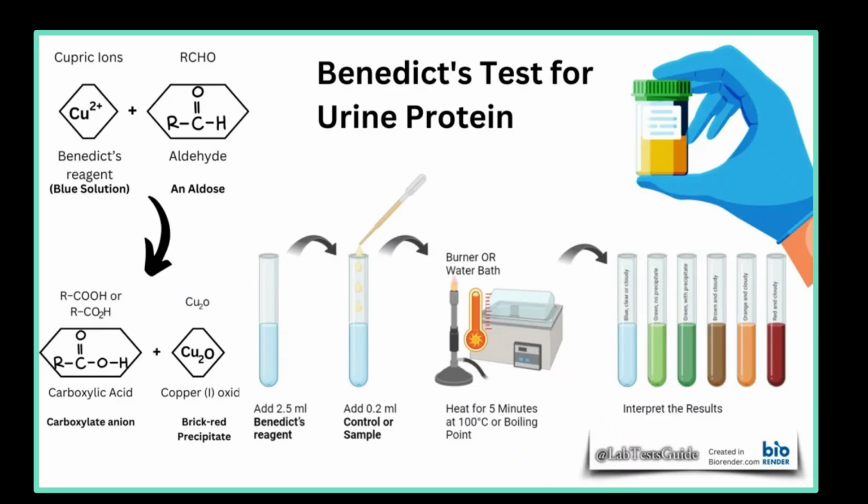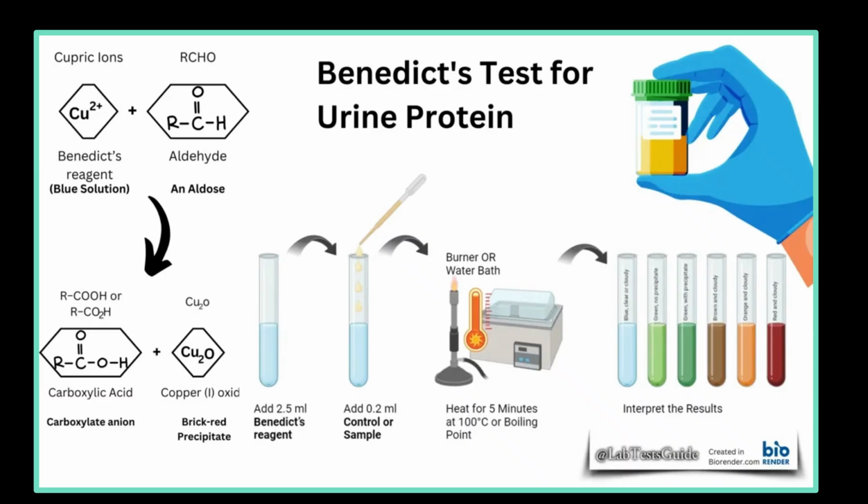Benedict's test for urine sugar. The Benedict's test will change the blue solution, for example with maltose. The carboxyl anion forms a reddish precipitate with Benedict's reagent, compared with a control sample.